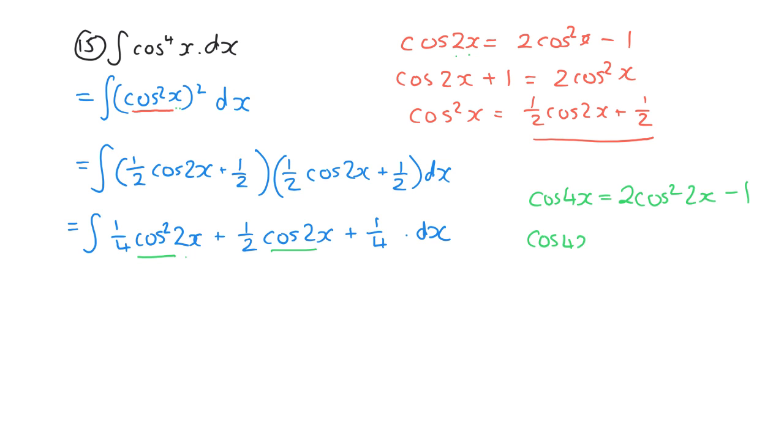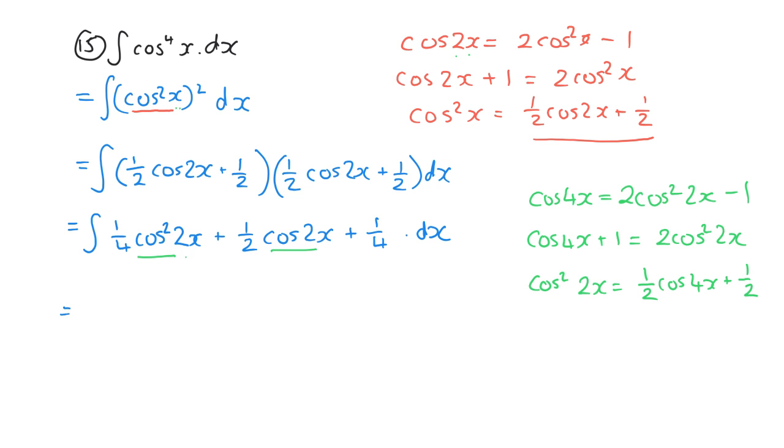So cos 4x plus 1 equals 2 cos squared 2x. Divide by 2, and we get a half cos 4x plus a half. So now we're going to substitute that in over here.